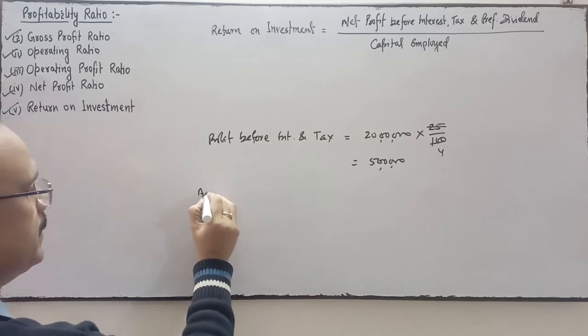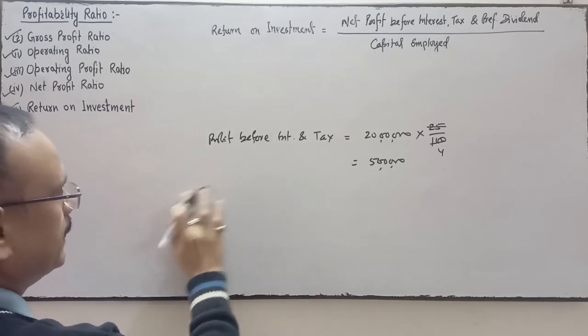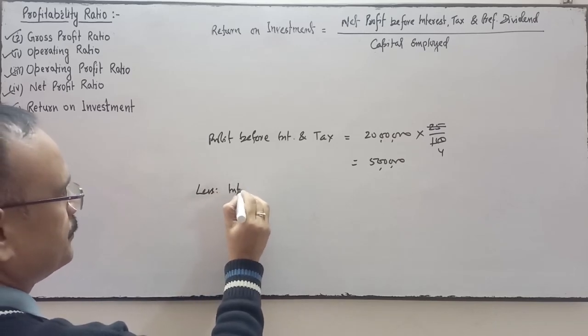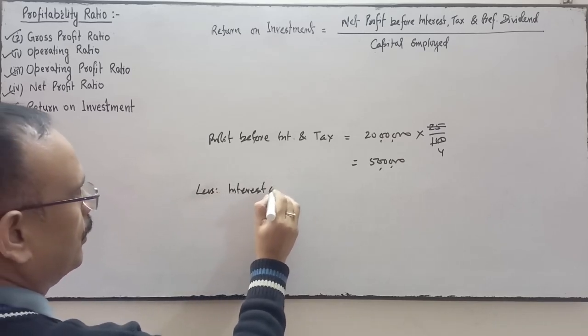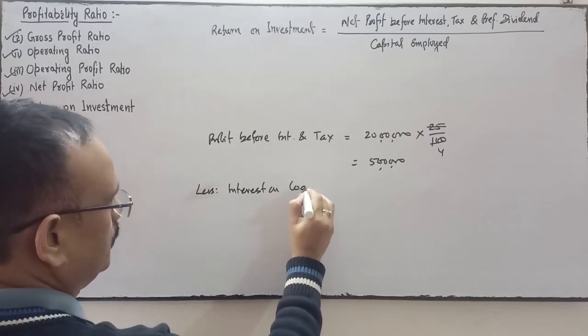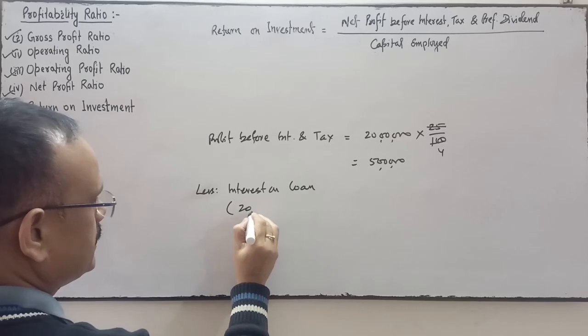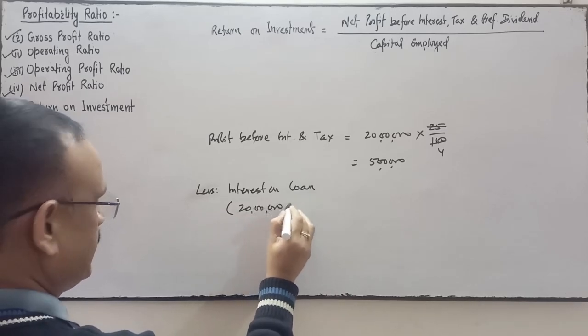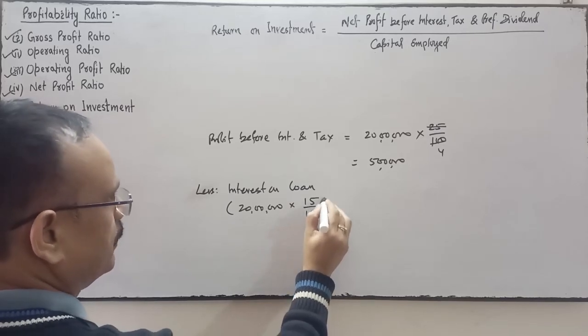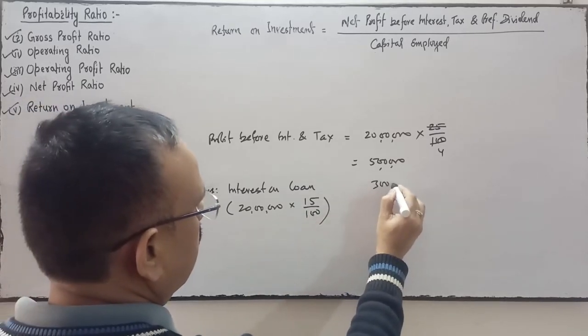So first you deduct the interest on the loan. 20 lakhs is the loan component and the interest rate on this loan is 15%. So it is 3 lakhs.